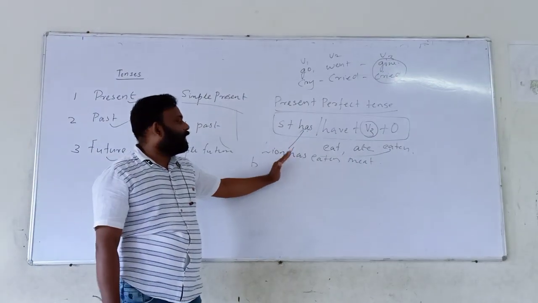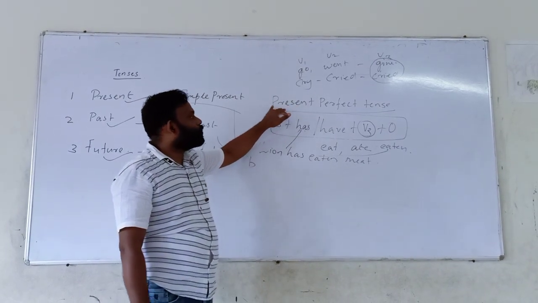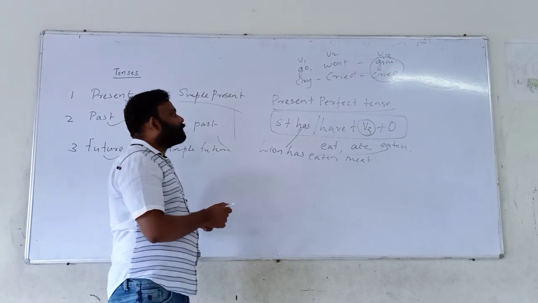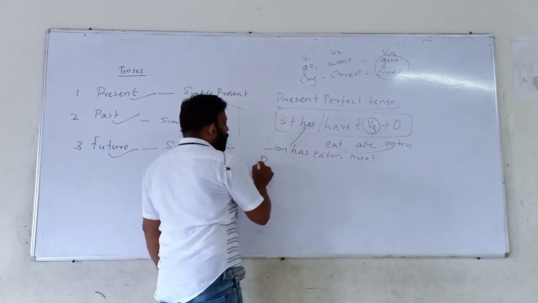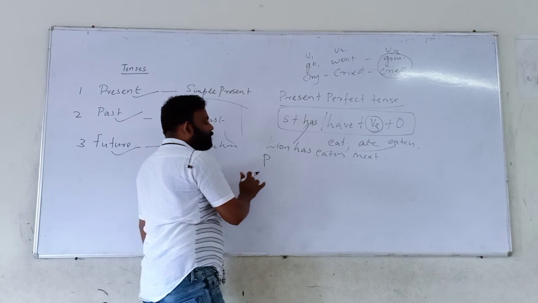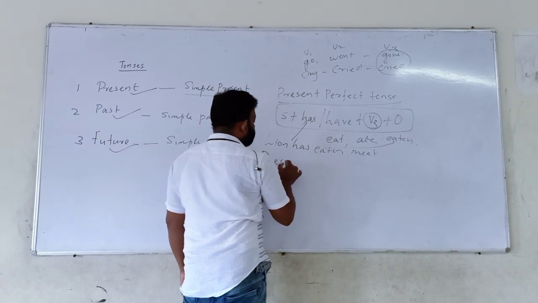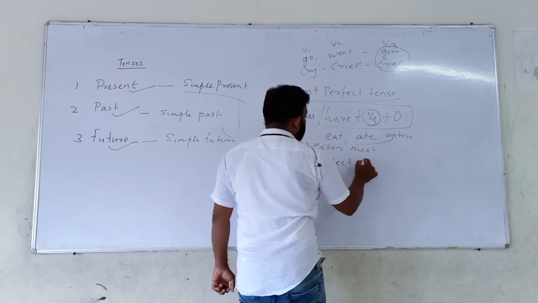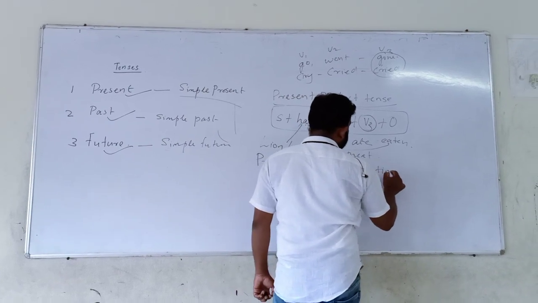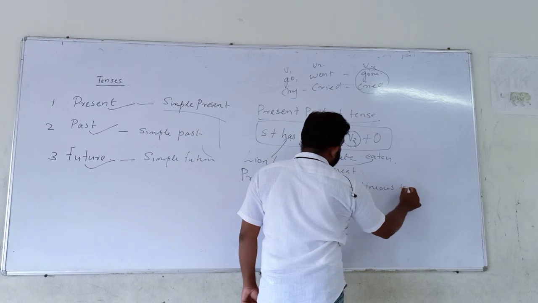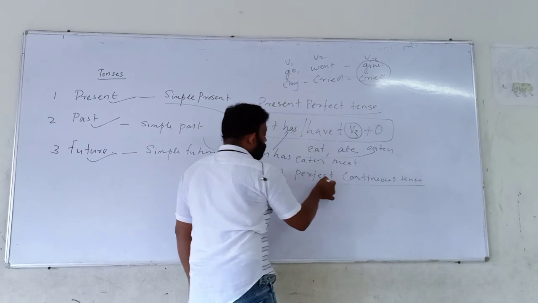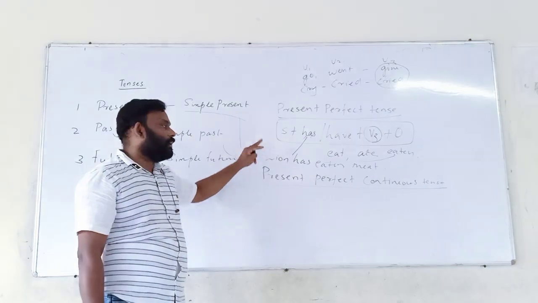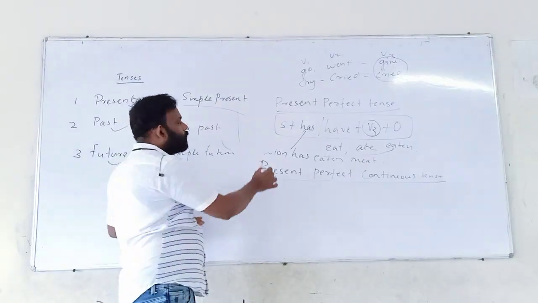So that is the meaning, or that is the use of present perfect tense. Now if you continue, the last subsection of present tense is present perfect continuous tense. Present perfect continuous tense also has a form.